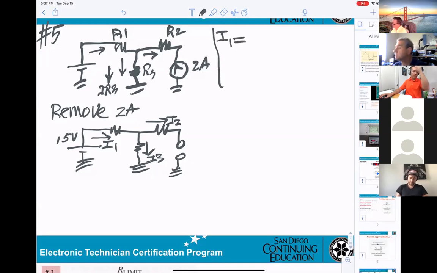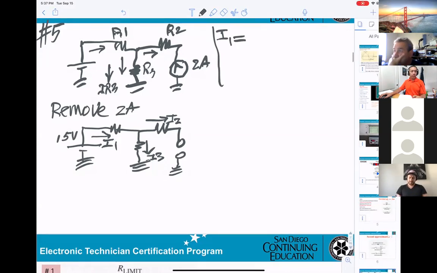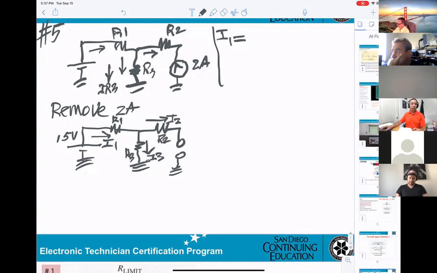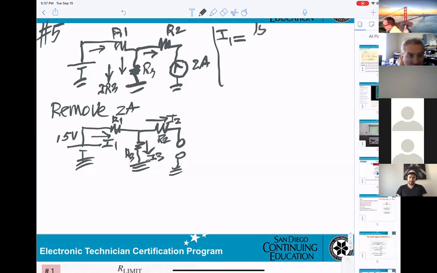What does I1 equal? Tell me. 15 volt divided by R1 plus R2 in parallel with R3.